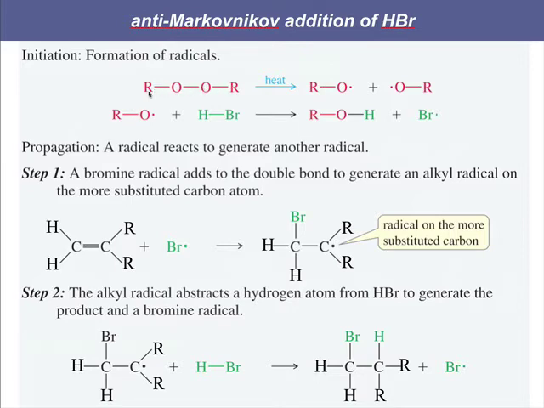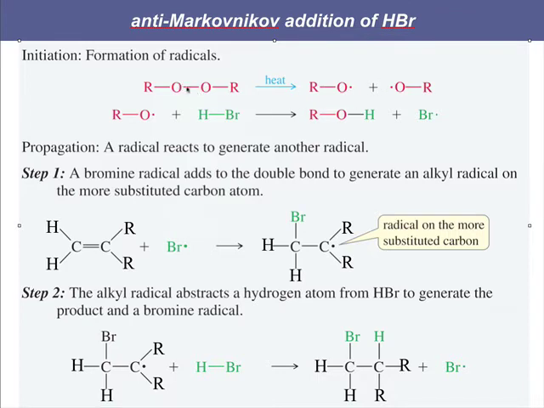They're just using ROOR, where the R's can be carbons, they can also be hydrogens. ROOR, this OO bond is called a peroxide bond, and they're quite unstable. They tend to split homolytically into two radicals. So the first step involves the peroxide bond cleaving into radicals.